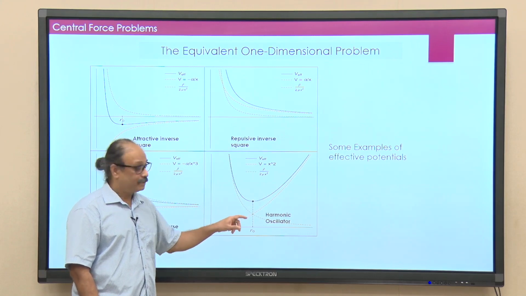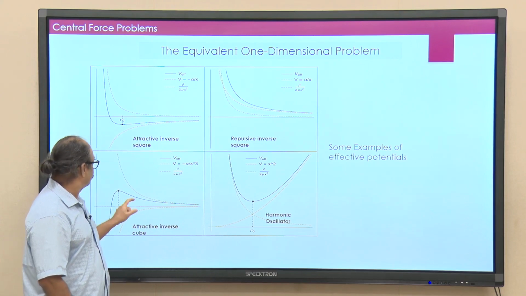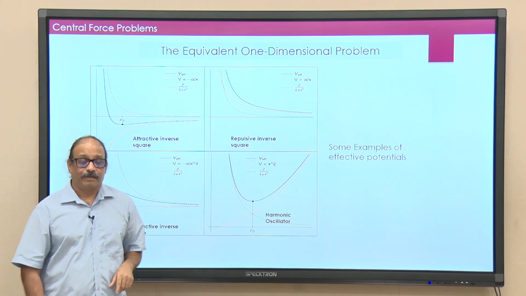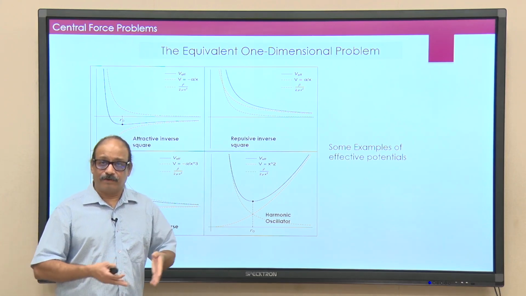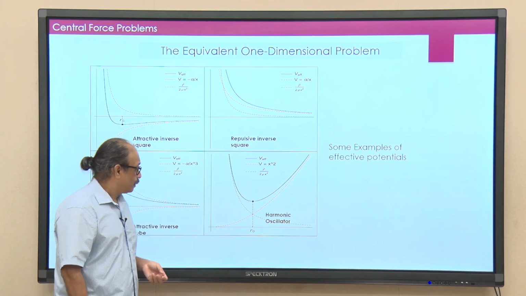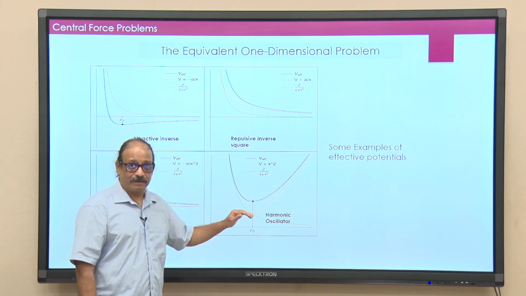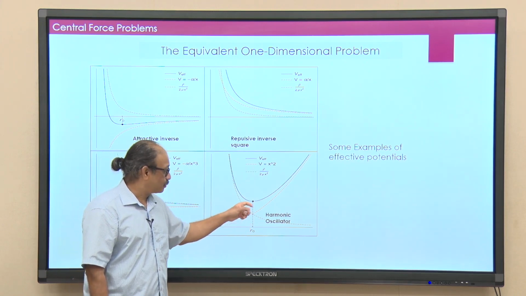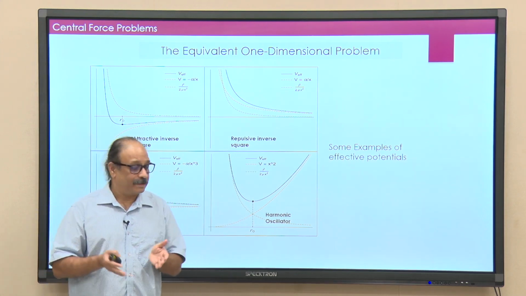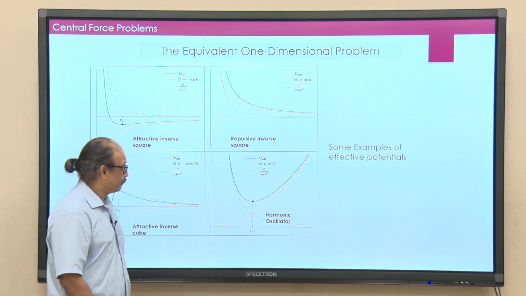Now, this potential has one minimum, this potential has one minimum, this has one maximum, this does not have any. But these are not the only possibilities, you could have more than one minimum and maximum. And in that case, I will still be talking about orbits, but close to such points, where if there is a local minimum, then I might be able to describe the orbits near the local minimum there.